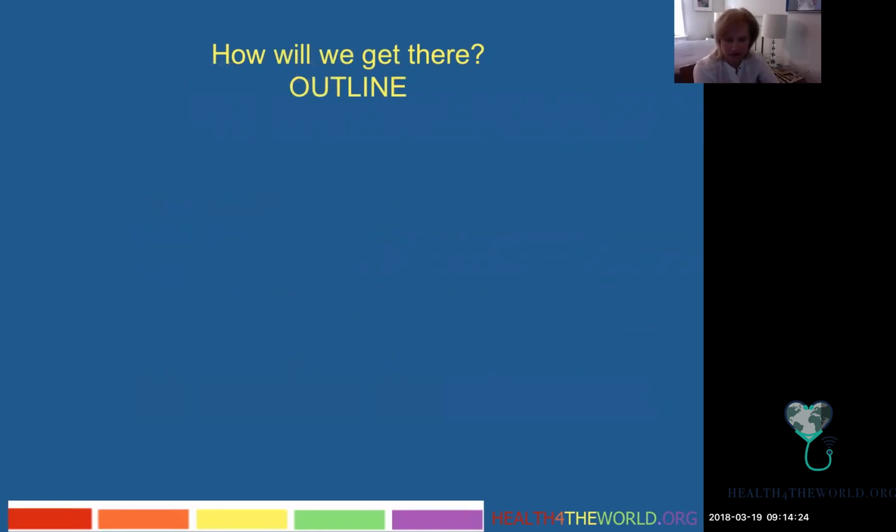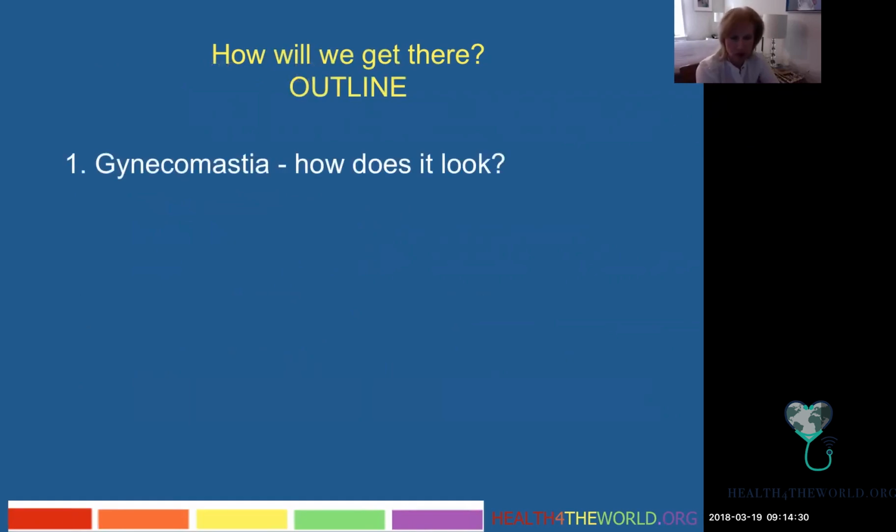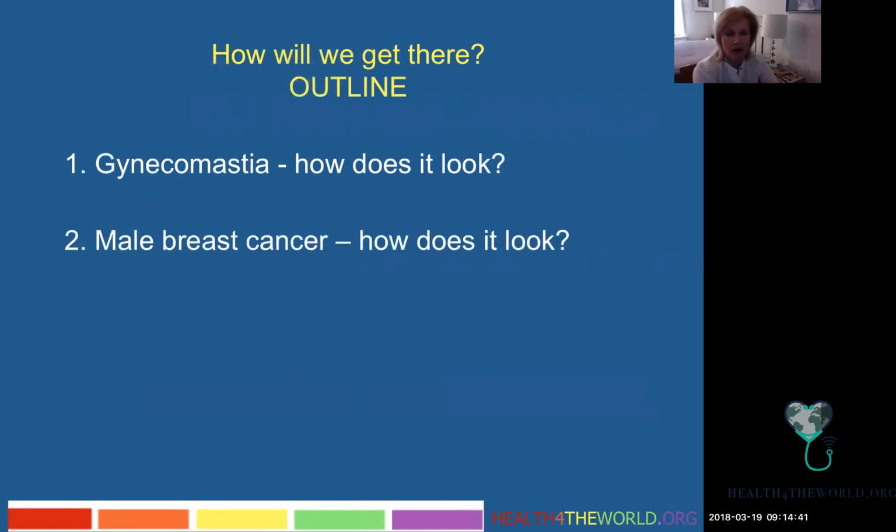So how are we going to get to this place of comfort where we can image the male breast like we do with the female? Well, first we're going to talk a lot about gynecomastia, which is male breast tissue in a male. We're going to talk about how it looks. Then we'll talk a lot about male breast cancer and how it looks.